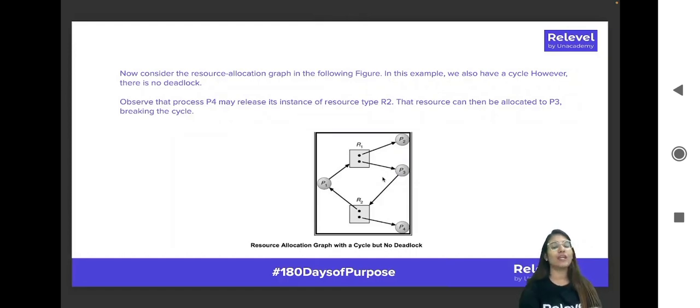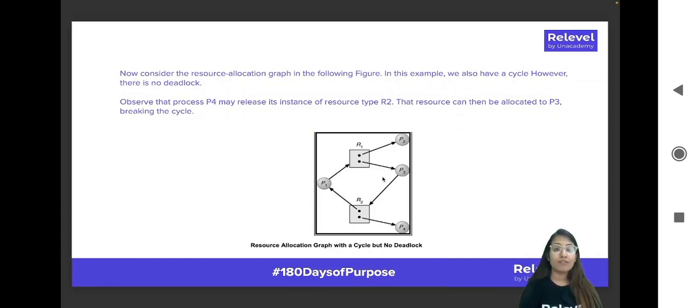And trust me, I cannot stress enough how useful resource allocation graphs are. They are easy to make, they save a lot of time, and they have turned out to be very useful in complex situations. So always make sure that you understand. I would recommend taking some more examples of situations and resource allocation graphs from the internet.